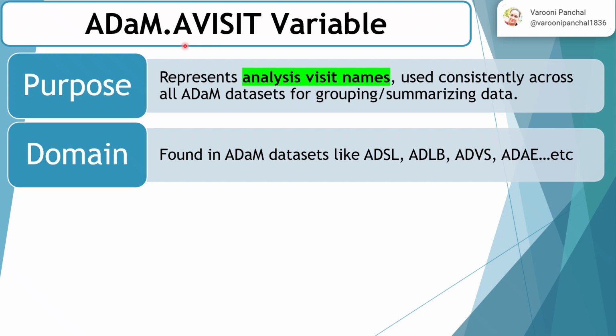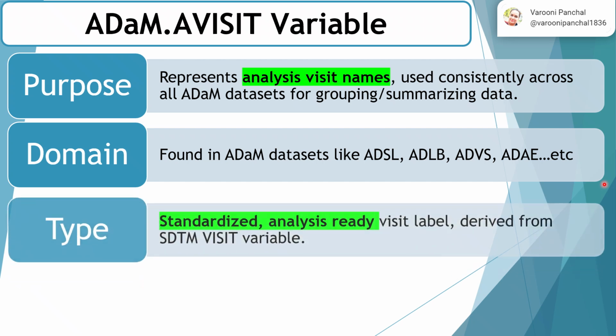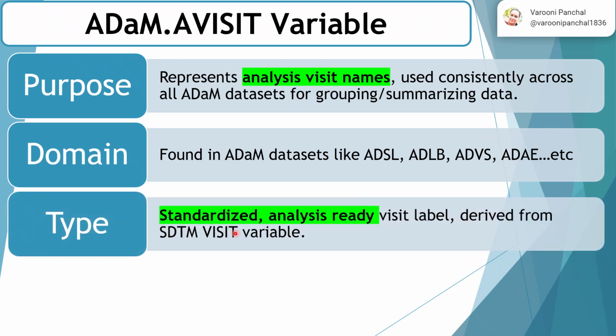It is present in most of the domains. The analysis visit, AVISIT, is used wherever it is applicable and wherever it is used for doing the analysis for tables and figures. Typically it's a standardized, analysis-ready visit label derived from the SDTM.VISIT variable. This specific variable AVISIT is dependent on the SDTM.VISIT variable, right?